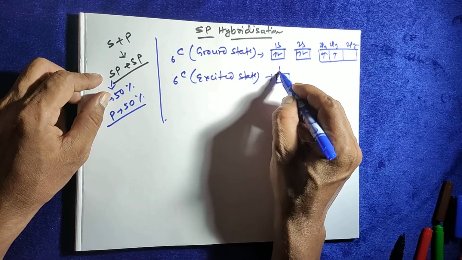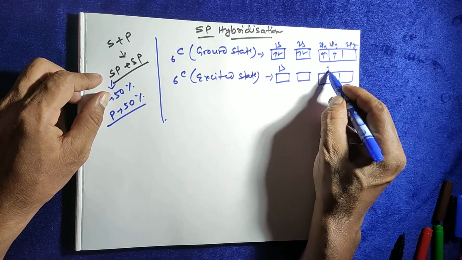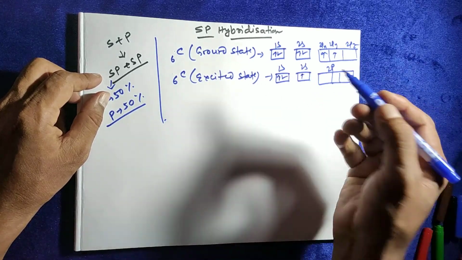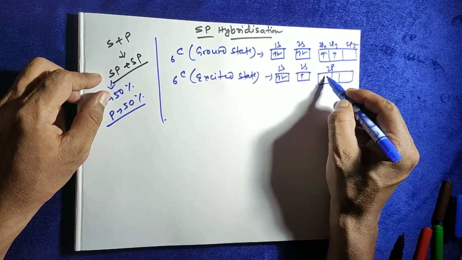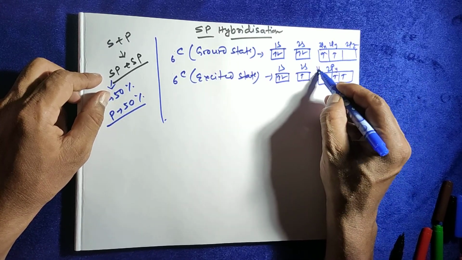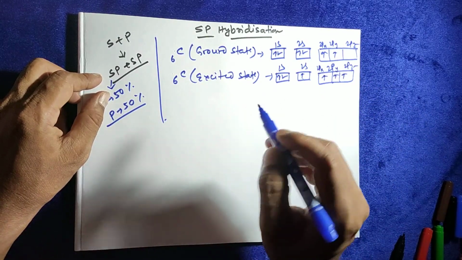Carbon in the excited state: you can see 1s, 2s and 2p. One 2s electron shifts to 2pz.